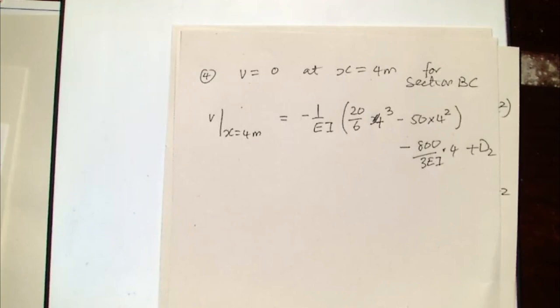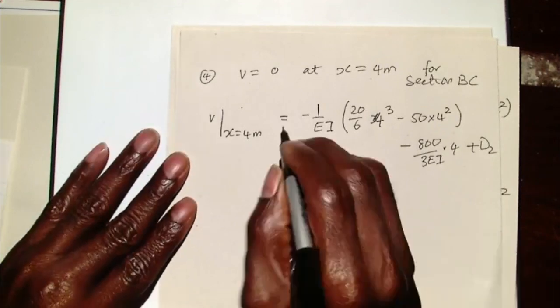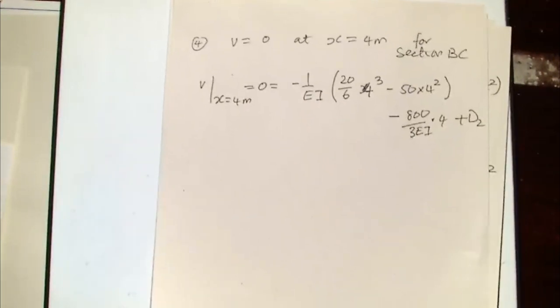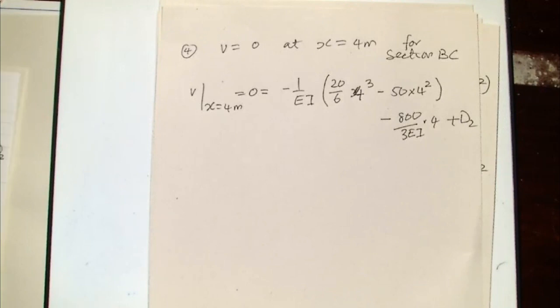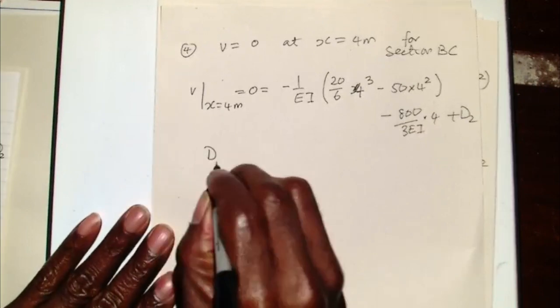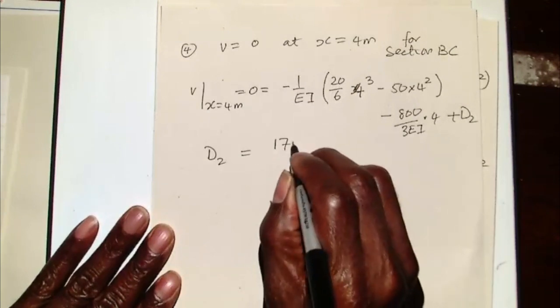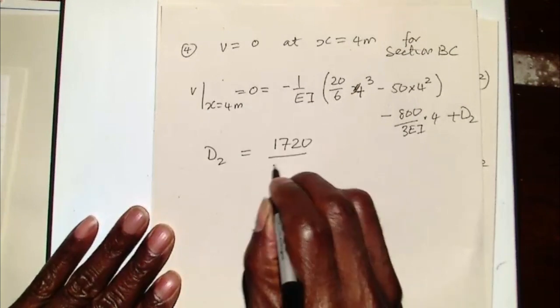And I can find D2 there, because everything here is 0. So if you try to solve for D2 and your basic algebra is still right, you should be able to get D2 equals 1720 all over 3EI.